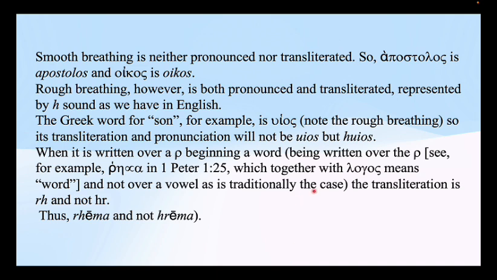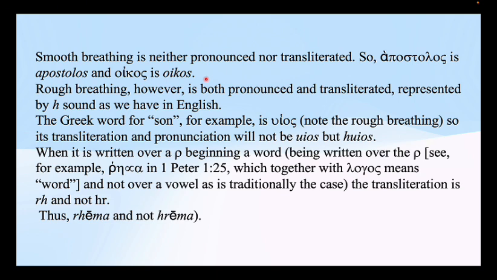For example, apostolos has a smooth breathing, and oikos has a smooth breathing. So you see the transliteration is straightforward: apostolos, oikos. But there will be a different situation for the rough breathing.